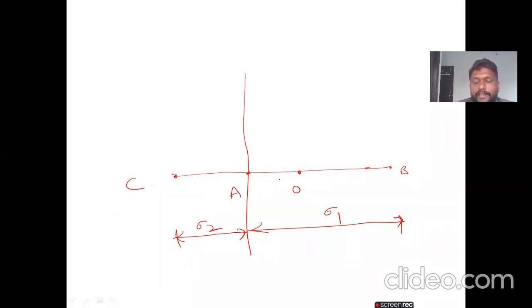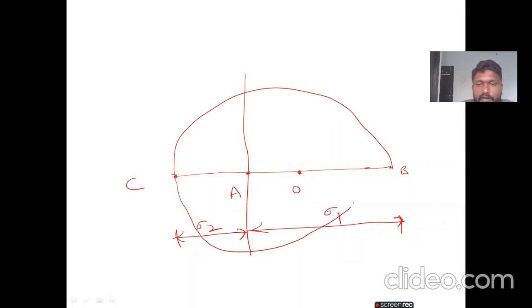CO, or OB, is the radius, and draw a circle. So my dear students, whenever you are solving this, draw like this. Take a point O. CO is the radius and OB is the radius.